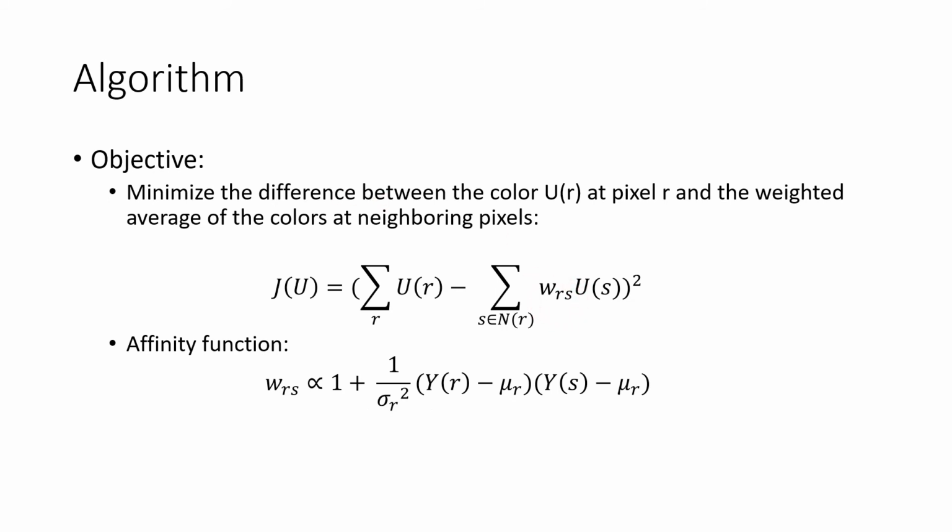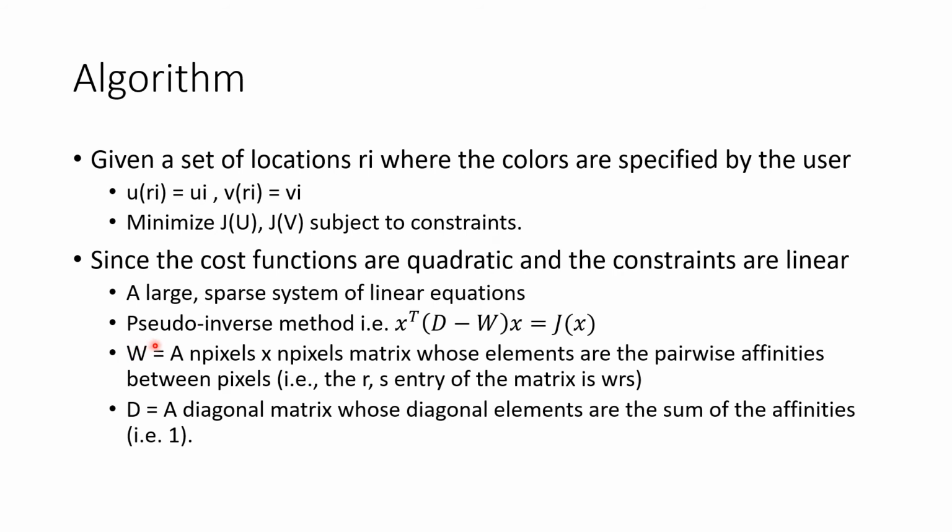This W(R,S) is basically this W. This matrix holds the relationship for all neighboring pixels, and D here is a diagonal matrix whose diagonal elements are the sum of the affinities.